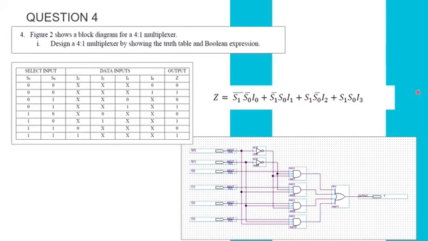From this Boolean expression, you can design the 4 to 1 multiplexer using the gates. This is the design circuit of the 4 to 1 multiplexer.